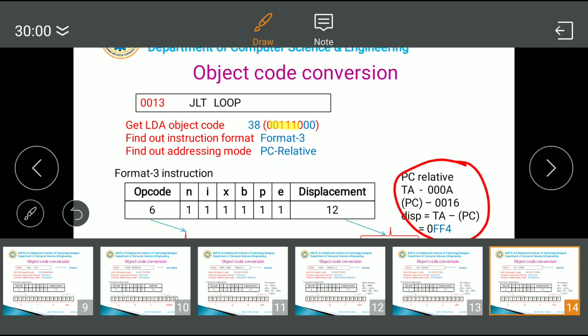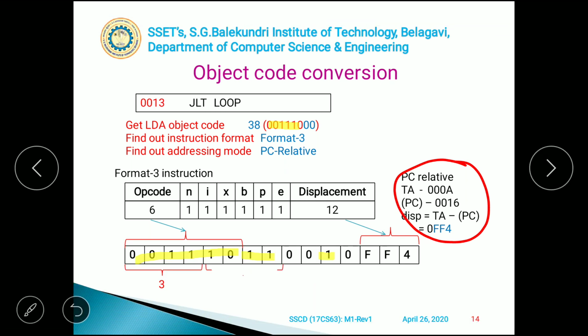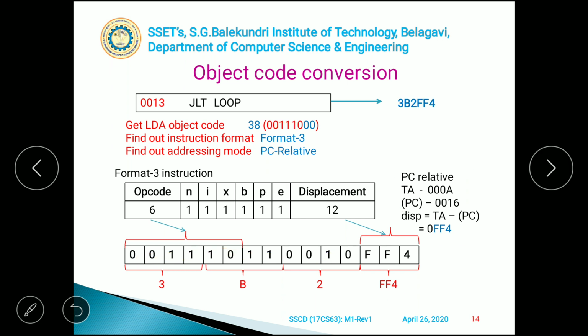Now you combine all these 4 bits, so finally you are going to get the last code. Object code is 3B2FF4.